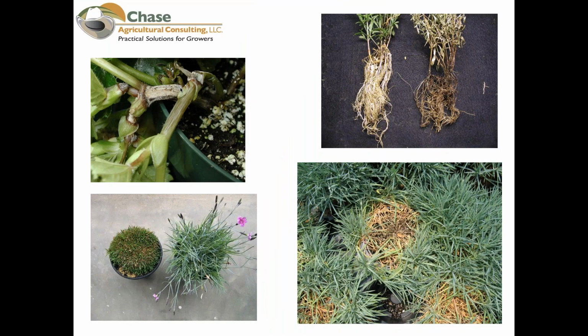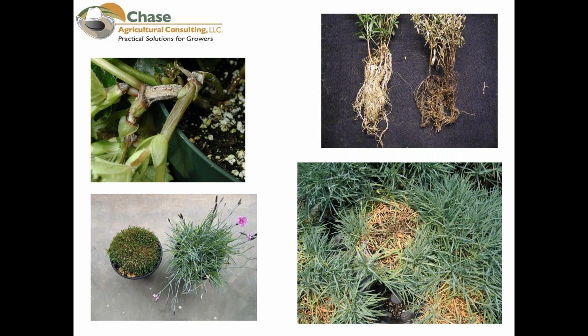Other symptoms, very often we will see stem rot. You see here on this plant, just a clear-cut stem rot. It could be caused by a lot of different things, but it happens to be Fusarium here. If we move over to the root systems, this Coreopsis has Fusarium on the right, whereas the healthy one on the left, showing just standard root rot symptoms. There is no way for you to look at the roots of a plant and tell which pathogen is causing a disease.